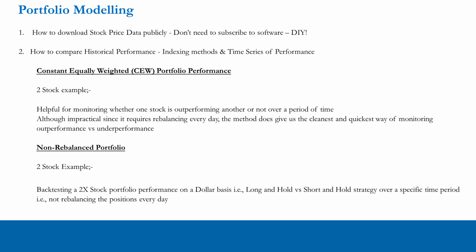There was the constantly equally weighted method, so the CEW method for calculating portfolio performance, and there was the non-rebalanced portfolio method. And initially in Chris's teaching methods, he started off with a two-stock example. So starting you off with a simple example of two stocks using both methods.